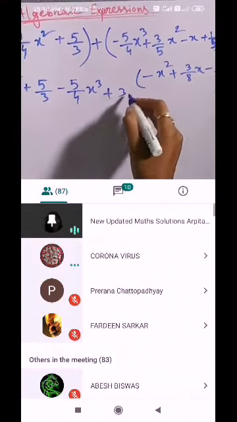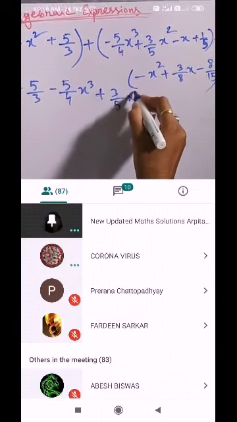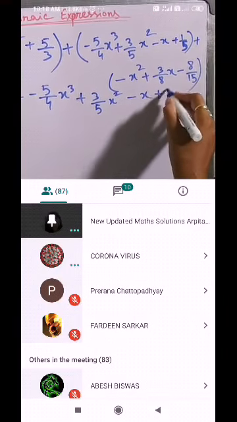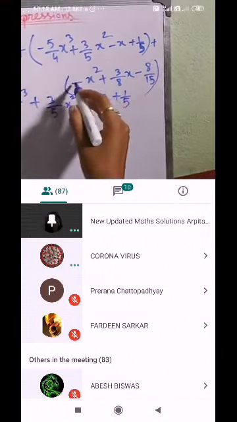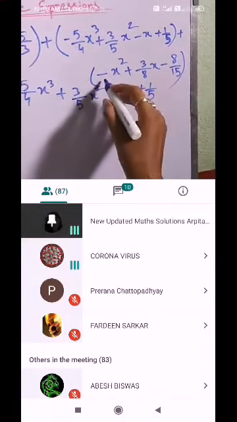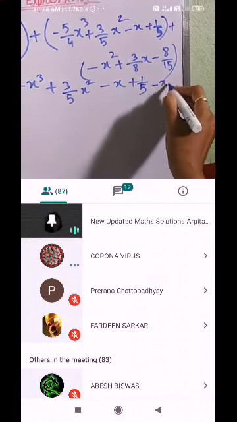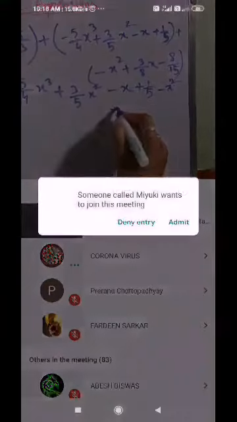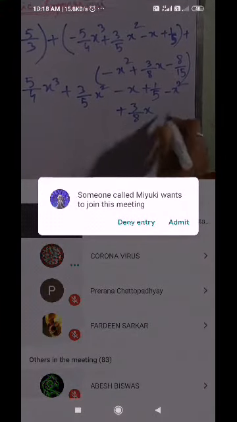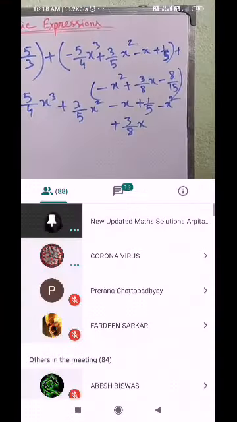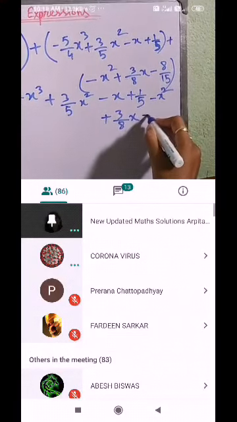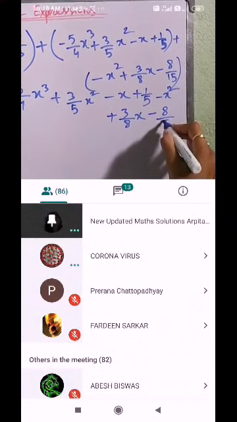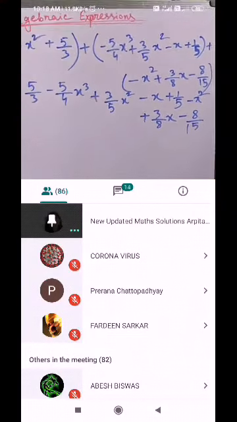Sign will not be changed. Here also the sign will not be changed. Here will be minus sign, minus x square, plus 3 by 8x, minus 8 by 15.